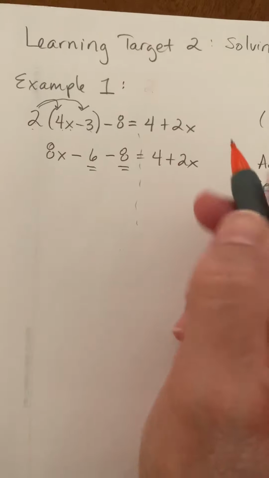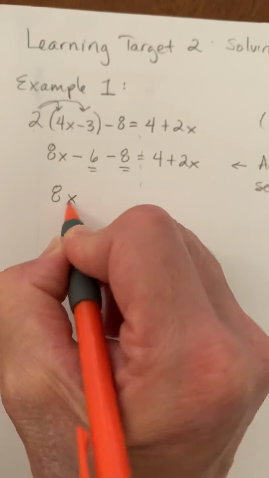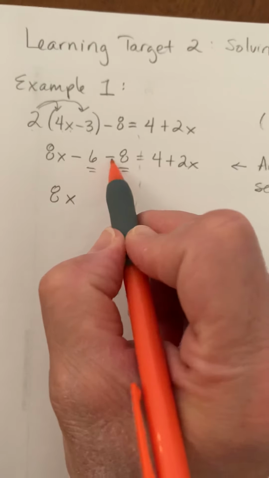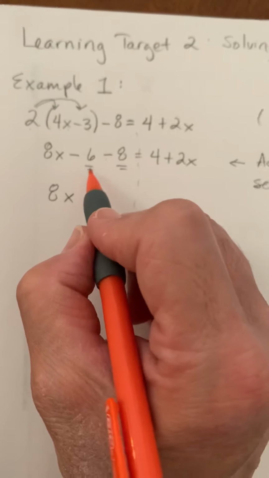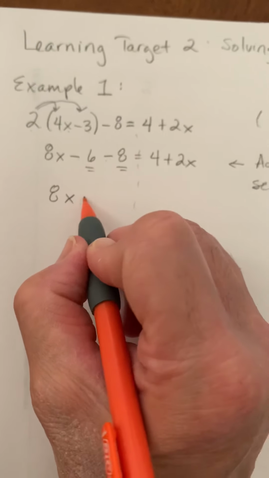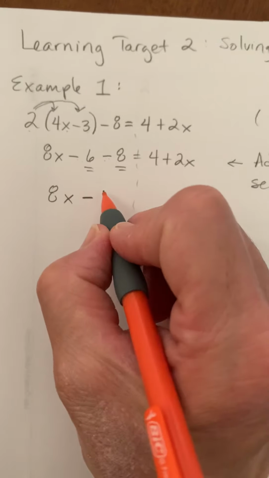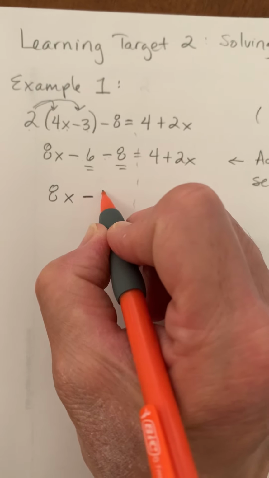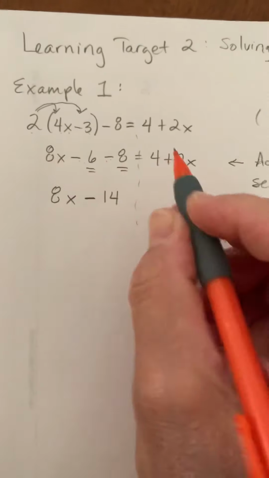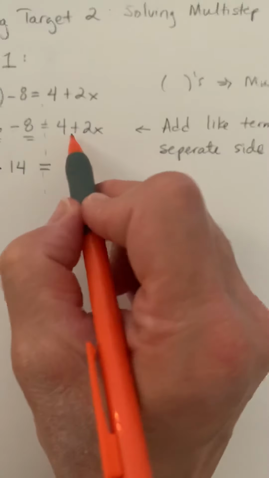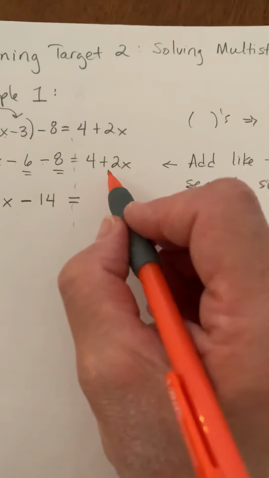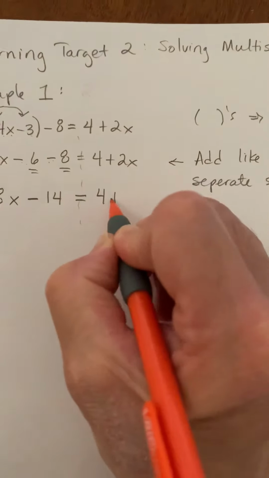Those are like terms. So since the signs are the same, we add and keep the sign the same. So we go ahead and add those together. Now on this side, we don't have any like terms, so we can just bring everything down.